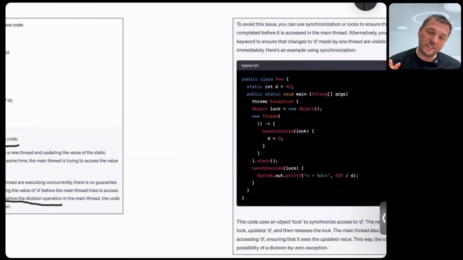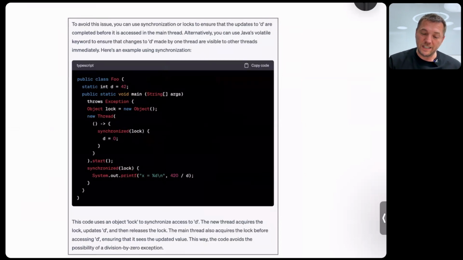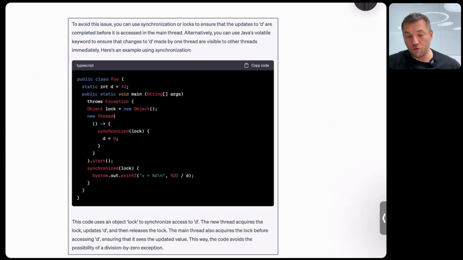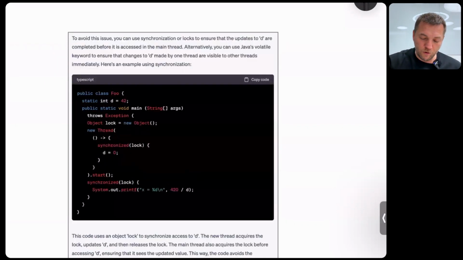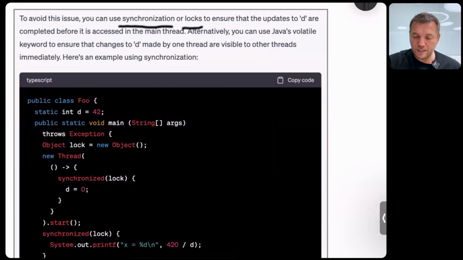However, in this case, ChatGPT makes a mistake. Now ChatGPT is making a suggestion how to fix that, and the fix it introduces is wrong. Take a look. To avoid the issue, you can use synchronization or locks to ensure that the updates to D are completed before it is accessed in the main thread. Blah, blah, blah.